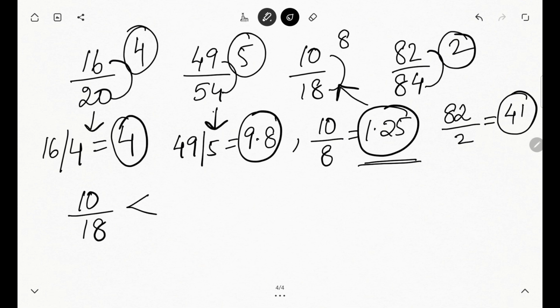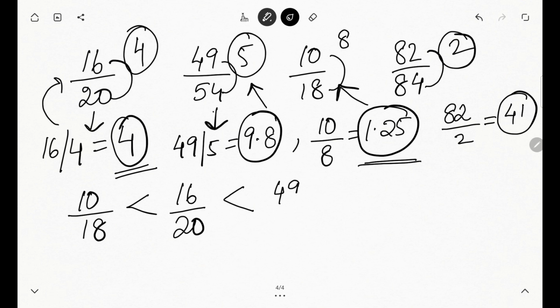Next I come to 4, so after 10 by 18 I get 16 by 20. Next comes 9.8, so the corresponding fraction is 49 by 54.